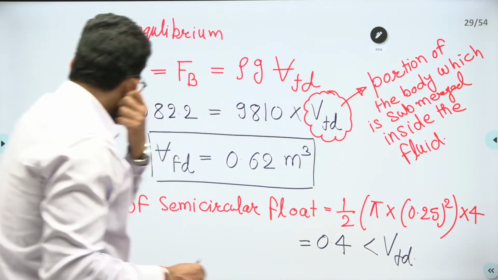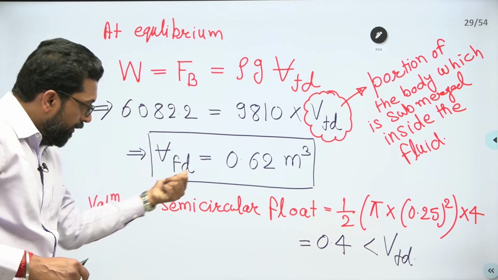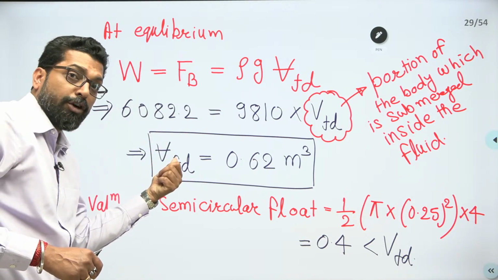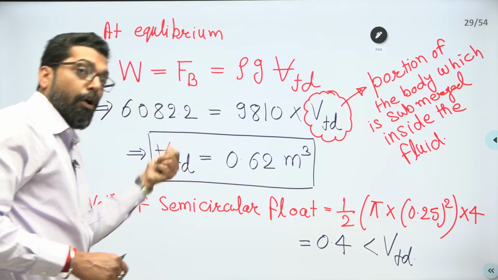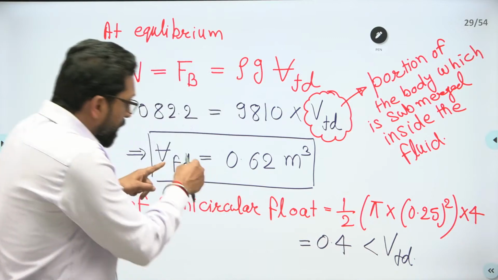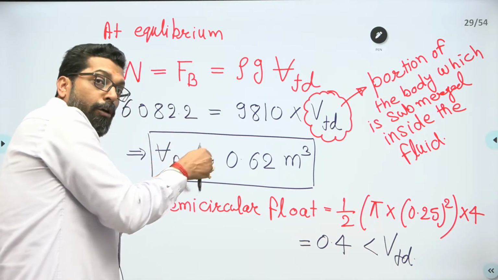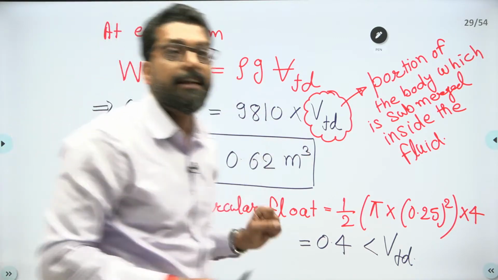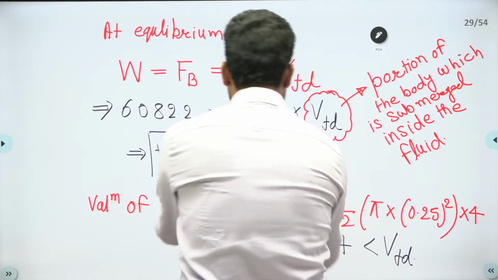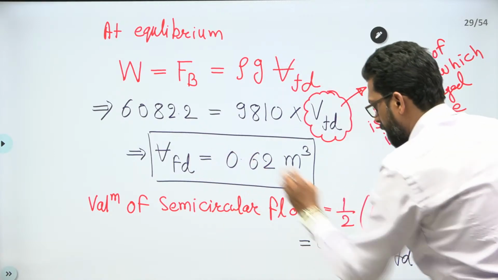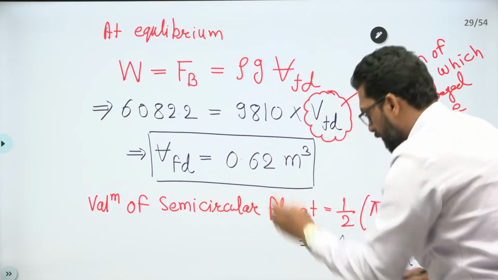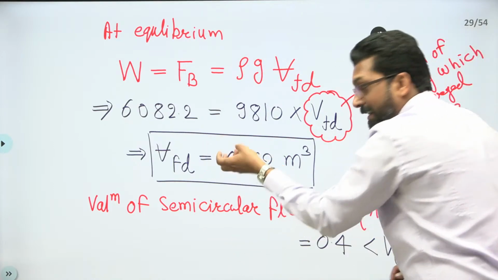This is the fluid displaced, that means the volume of the portion which is inside the water, and this volume will contribute to the volume of the semicircle. Why is this less? Why is this high? Because somehow in this volume there must be some portion of the rectangle added.